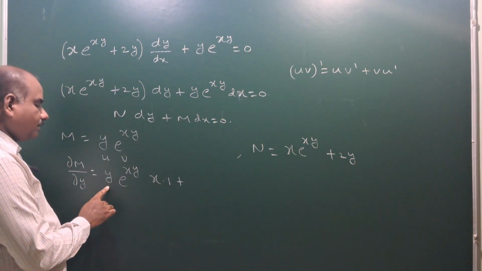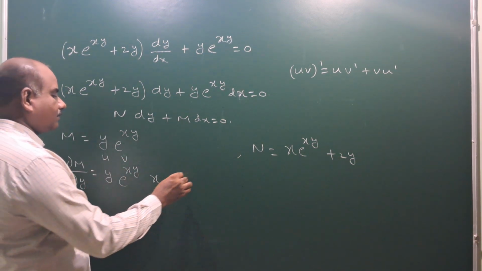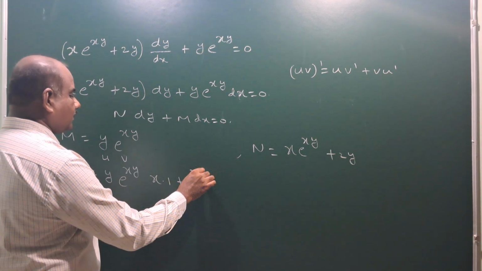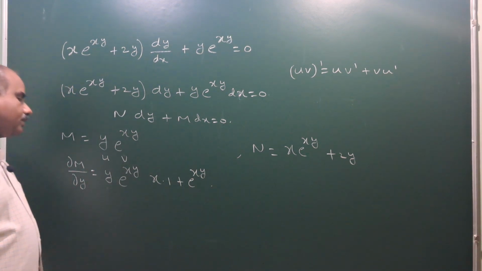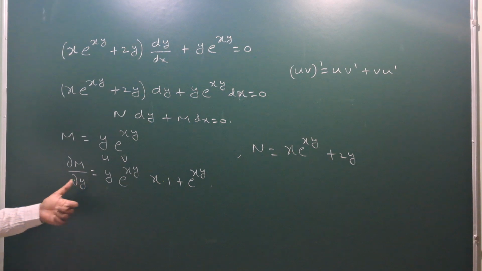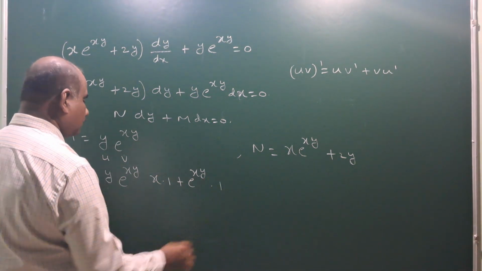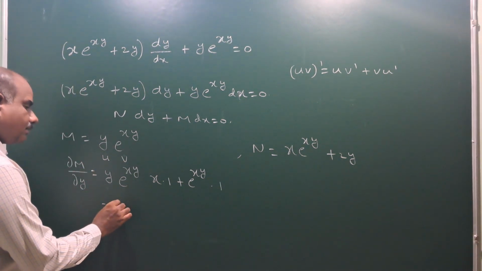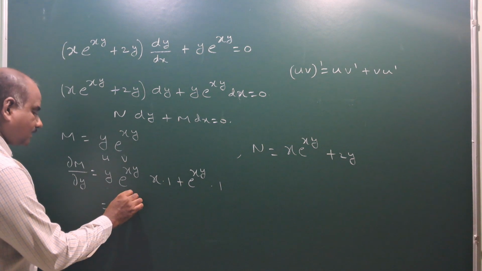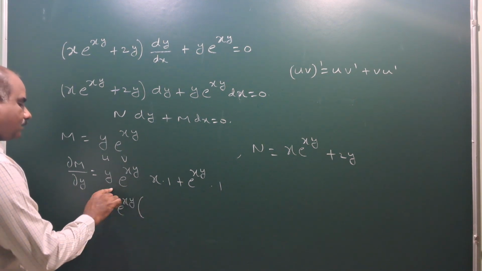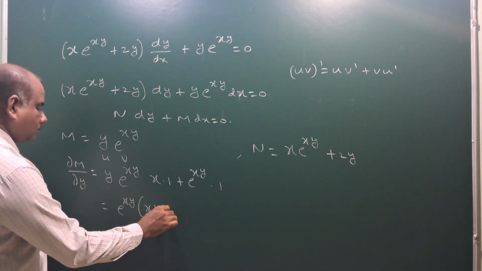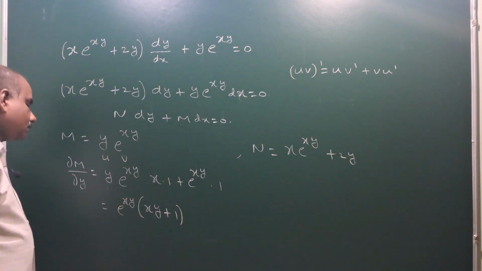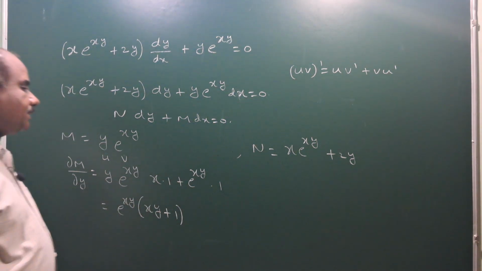This is only u into v dash. Next v into u dash: e^(xy) into the derivative of y with respect to y, which is 1. So finally take e^(xy) as common. We get e^(xy)(xy + 1). So this is the value of ∂M/∂y.